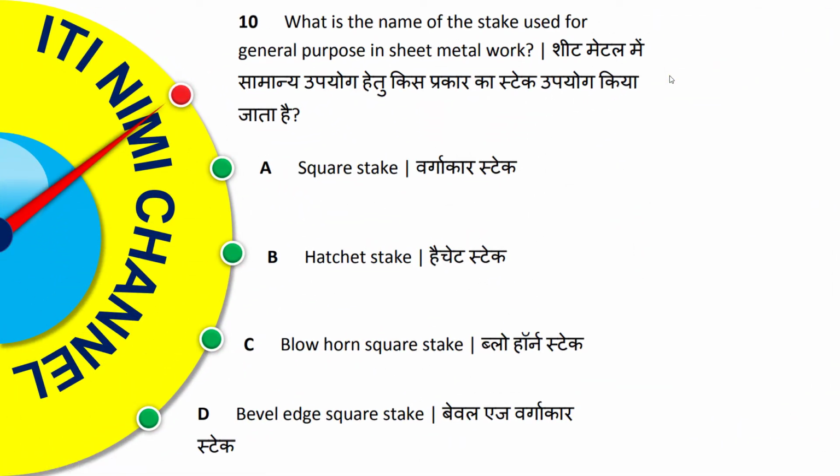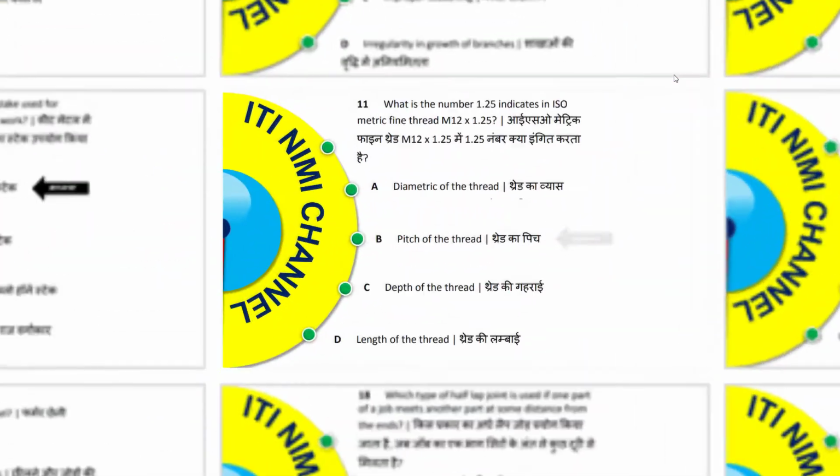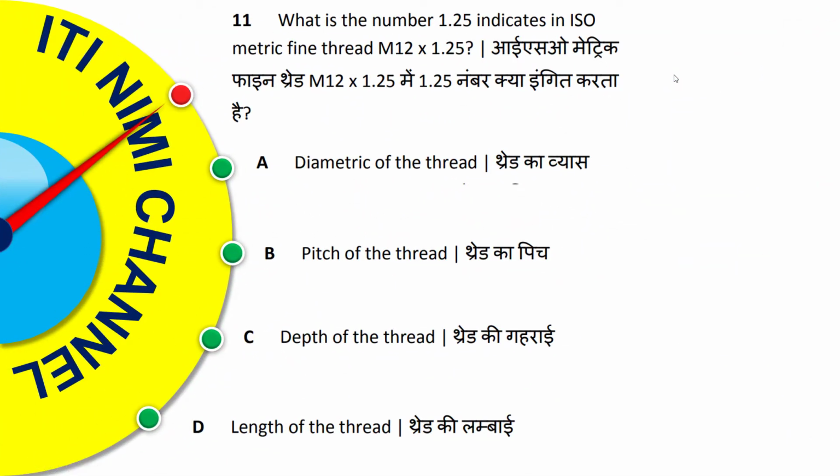What is the name of the stake used for general purpose in sheet metal work? Square stake, hatchet stake, blowhorn stake, bevel edge square stake. The answer is square stake. What does the number 1.25 indicate in ISO metric fine thread M12x1.25?